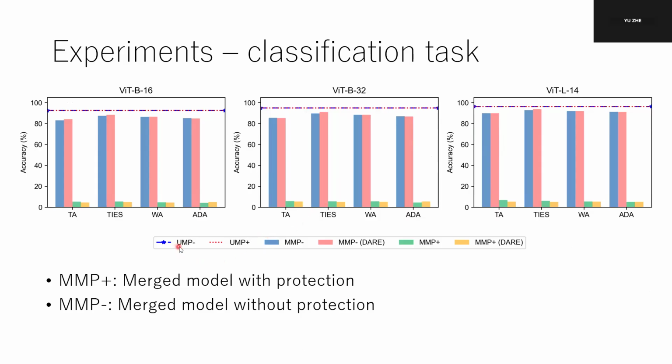Let me show some experimental results. Here, UMP means unmerged model without protection, and UMP plus means unmerged model with protection. Since we do not change the functionality, they have exactly the same accuracy. MMP minus means the merged model without protection, and MMP plus means the merged model with protection. We can see the blue bar and the red bar are the merged model without protection.